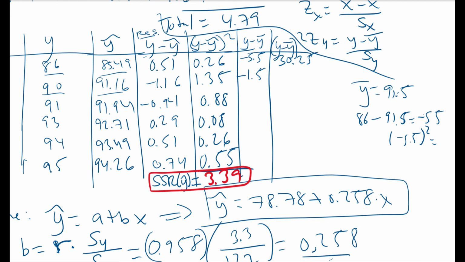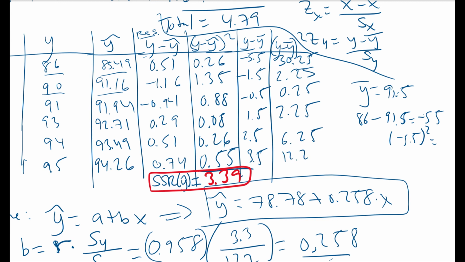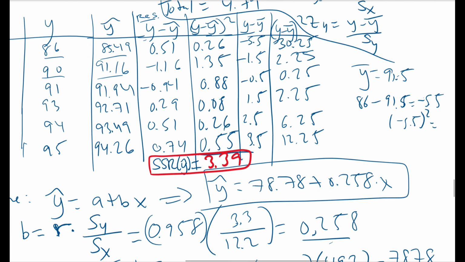Okay, next ones are negative 0.5, 1.5, 2.5, and 3.5. Okay, so those are our y minus y bar. We're going to square them real quick. So we'll get 2.25, 0.25, 2.25, 6.25, and 12.25. All right, those are our numbers.